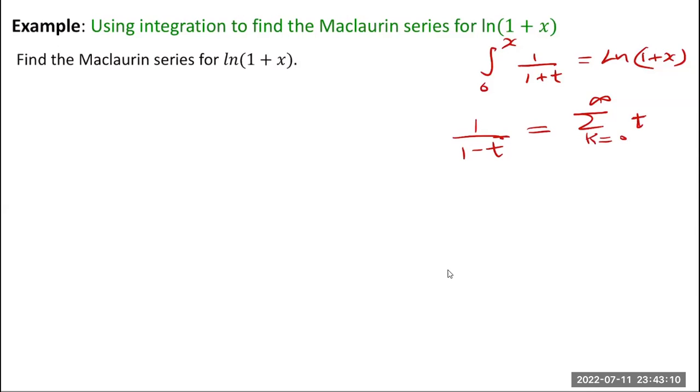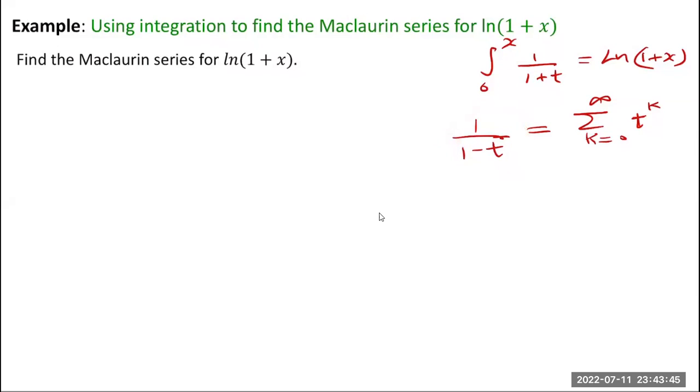That's the Maclaurin series. Now the question is, can we use this Maclaurin series to find the Maclaurin series for this function? Because this is the function that we need to find the Maclaurin series of the given function. So if we know the Maclaurin series of this one, we can use the previous theorem to integrate that Maclaurin series over here. So let me find the Maclaurin series for this one using this one.